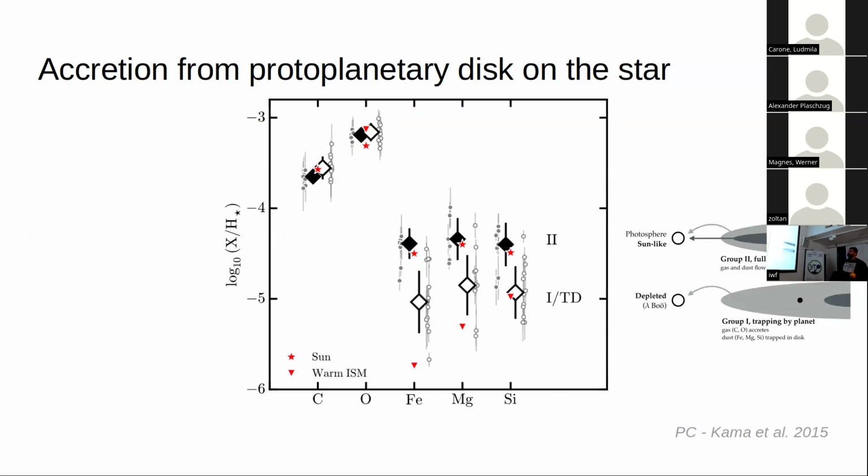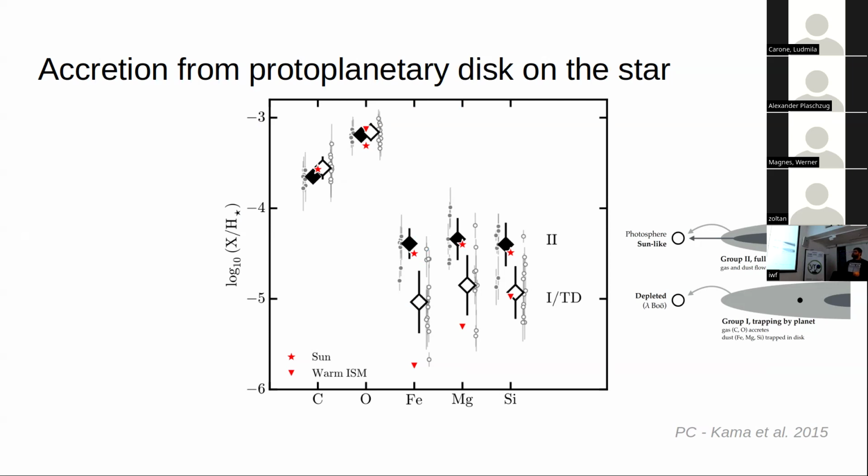So what you see here are 5 elements: carbon, oxygen, iron, magnesium, and silicon. Now if you divide these stars into 2 groups, stars with gaps in their disk and stars with no gaps in their disk, so 1 would mean gap, 2 would mean no gap, then when you measure the stellar abundances, you see that for carbon and oxygen, on average, the abundances are quite similar, and quite close to the solar abundance as well.